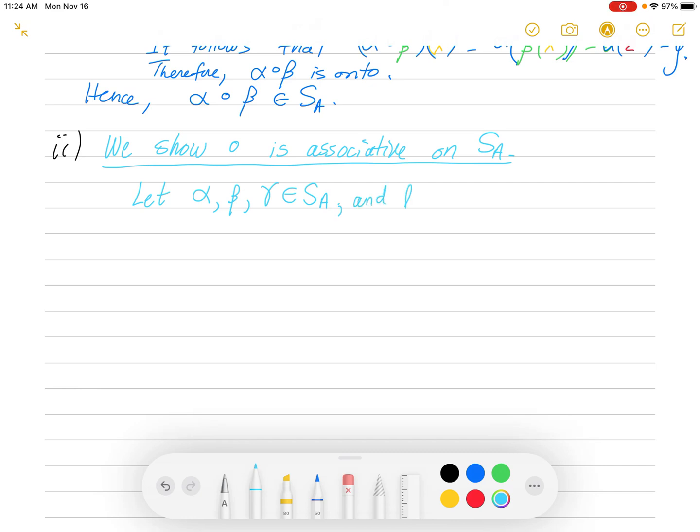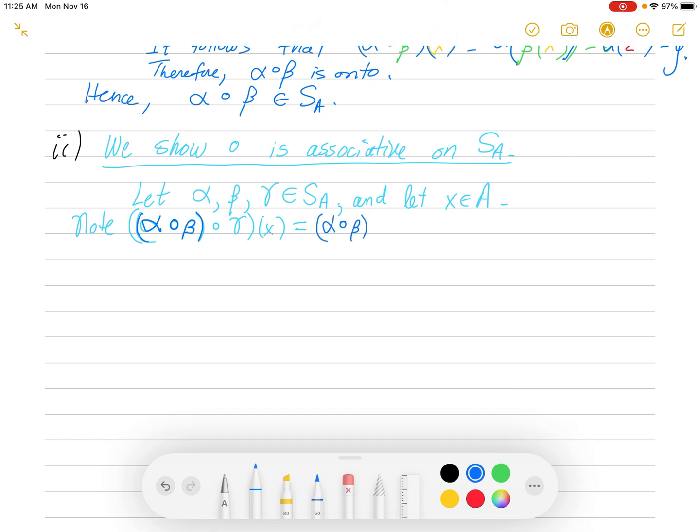And if I were to take an arbitrary x value in A and look at alpha composed with beta, composed with gamma of some x value from A, what would this mean? Use your definition of functional composition. We're going to leave this alpha composed with beta alone, and look at that composed with the gamma.